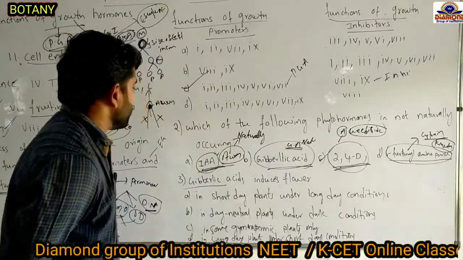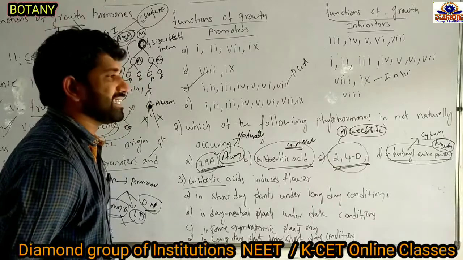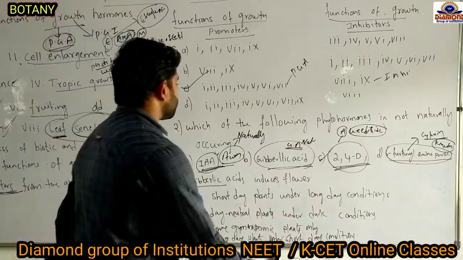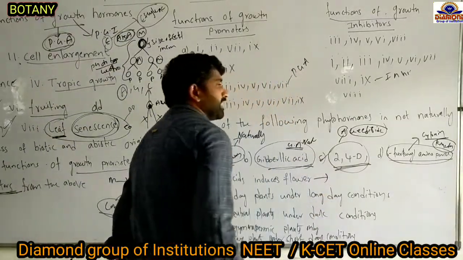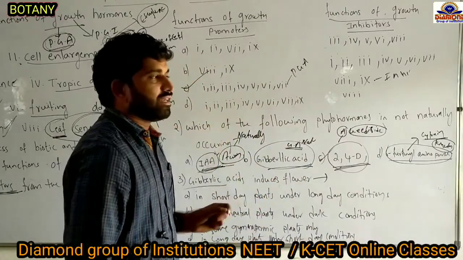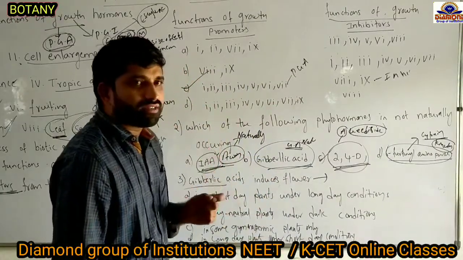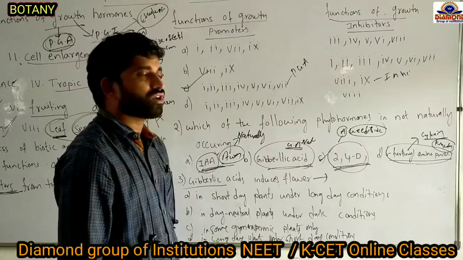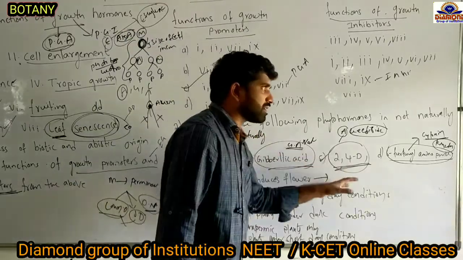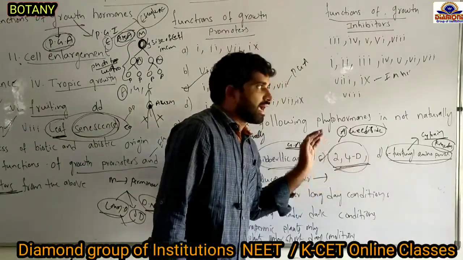Option 1, in short day plants under long day conditions. Gibberellic acids can induce flowers; they can convert long day plants into short day plants, even though those plants belong to the long day group.